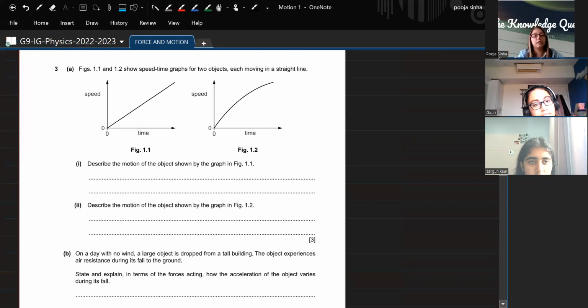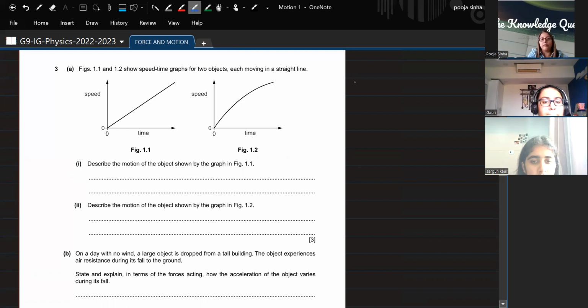Now we are on the third question. Gauri, read it. Figures 1.1 and 1.2 show speed-time graphs for two objects, each moving in a straight line. All right. Okay. So figure 1.1 is showing a straight line, while figure 1.2 is showing a curved line.